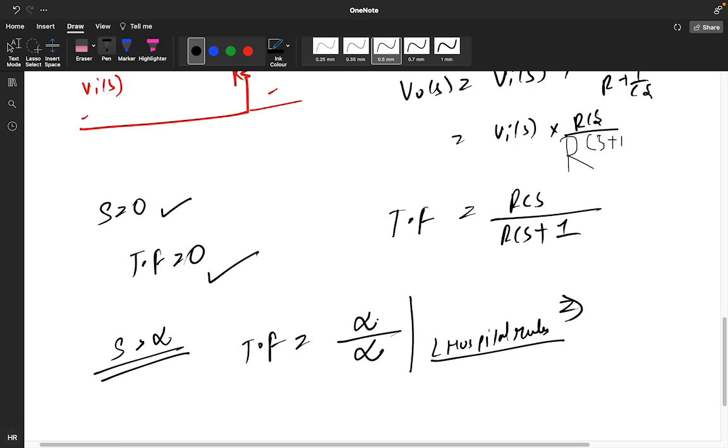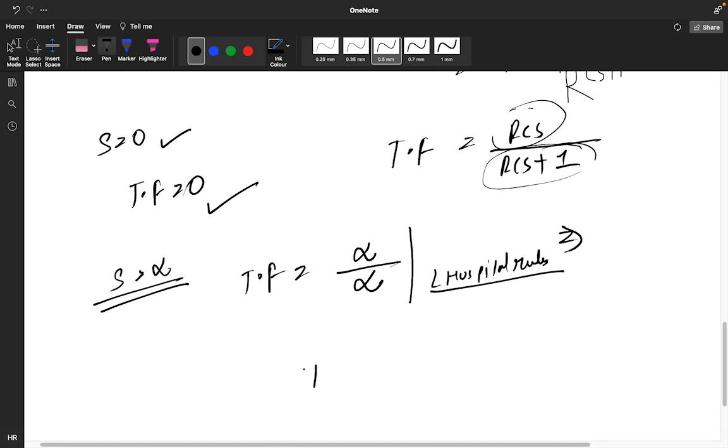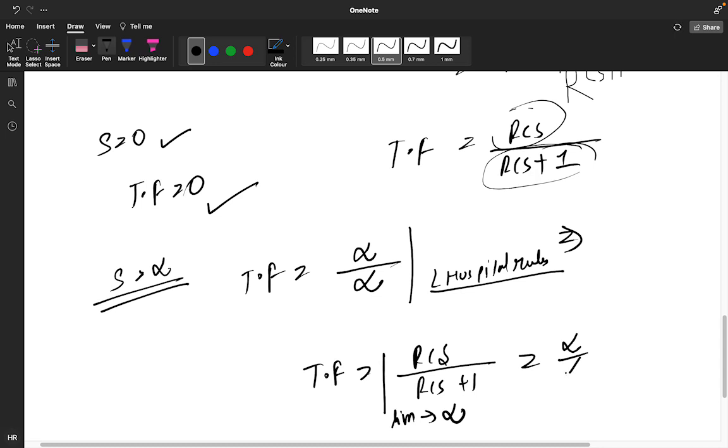For the conditions when we get infinite upon infinite, we have to differentiate the upside and we have to differentiate the downside. See what we are doing: the transfer function is RCS divided by RCS plus 1, and our limit is, what are we putting the limit? Infinite. So when you put the infinite value, you are getting infinite by infinite.